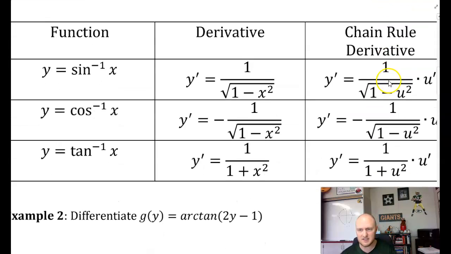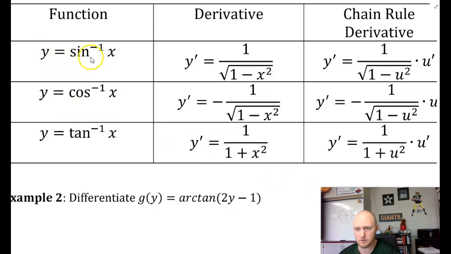And you can see this here. So here is the derivative rule of arc sine. If I differentiate arc sine, that is going to be 1 over the square root of 1 minus x squared. Now, if I have a function u inside of arc sine, say something like arc sine of 2x, I would have to treat that as a u and then multiply times the derivative of the inside.